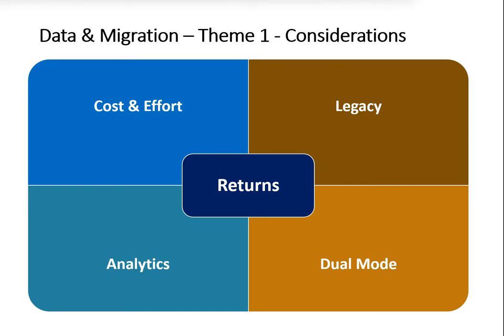Dual mode. In certain instances, a dual mode may be necessary because the data migration is too costly or takes too long. Undesirable options include keeping an old system going for a period in parallel, even if read-only, with the complexities of dual processing.